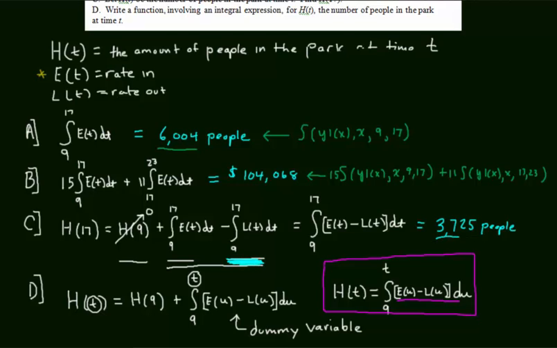That's why this answer is less than the answer in part A. You might notice that in the syntax I used the y1 of x minus the y2 of x in one single integral expression. That is the end of example number 1.